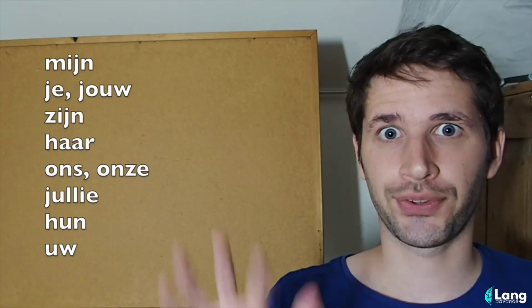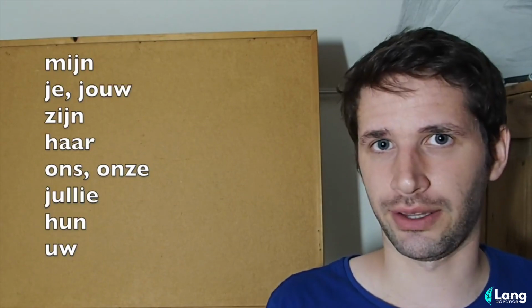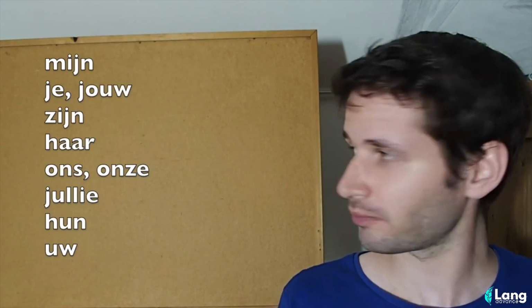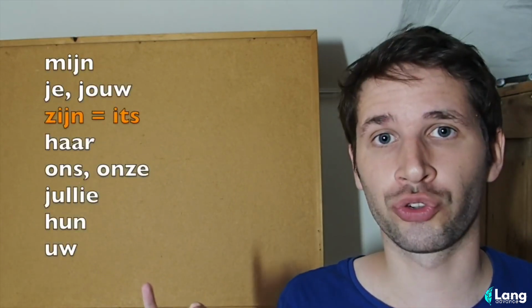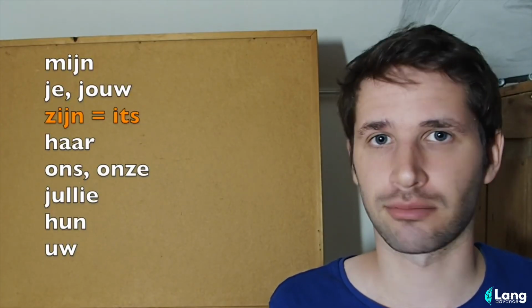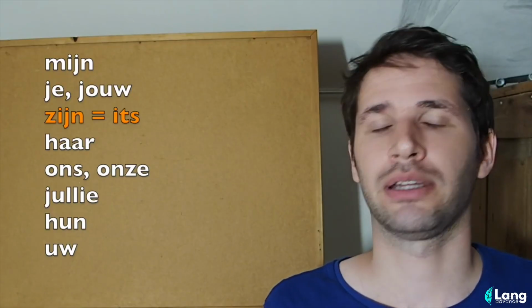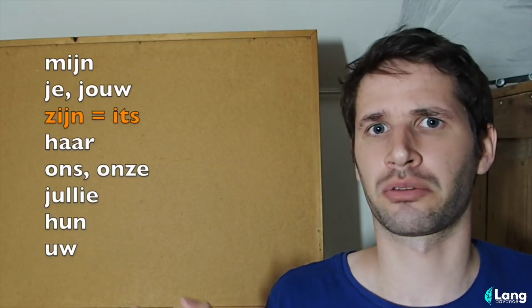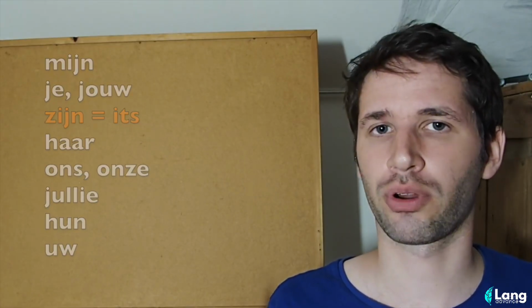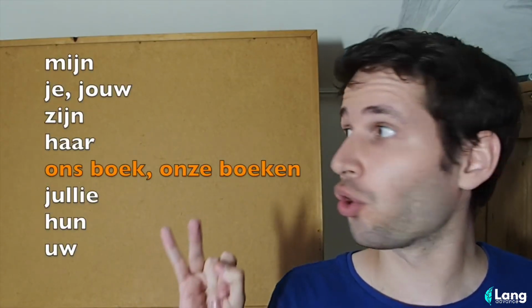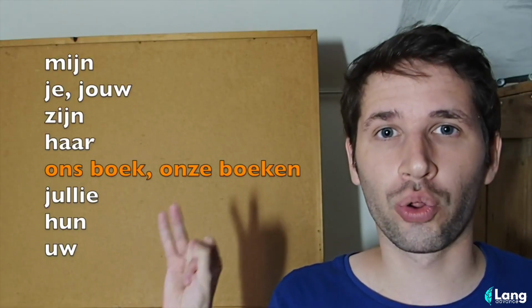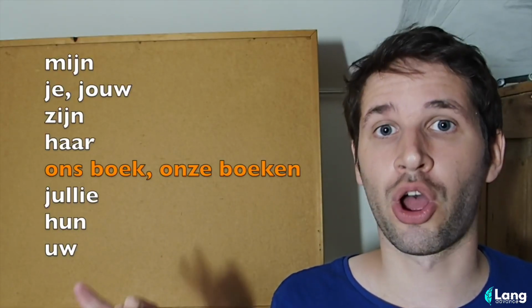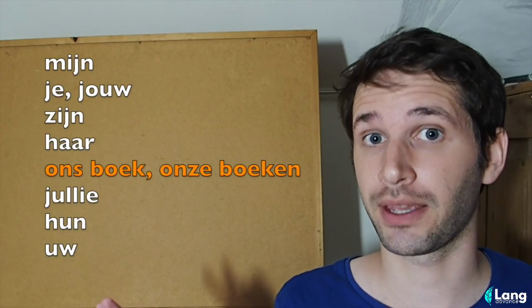Now, there's 6 remarks to make about that list. So let's start with the first one. Het words use zijn. So to translate its, for example, its book, then you would say zijn boek, not its, huts or something like that. No, zijn boek. Second remark, ons and onze. Ons is used only for het words in the single.